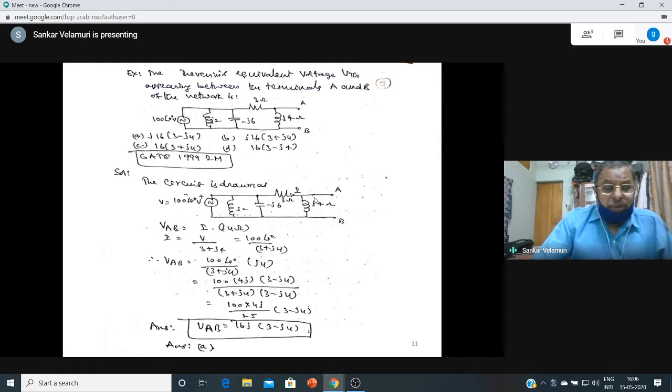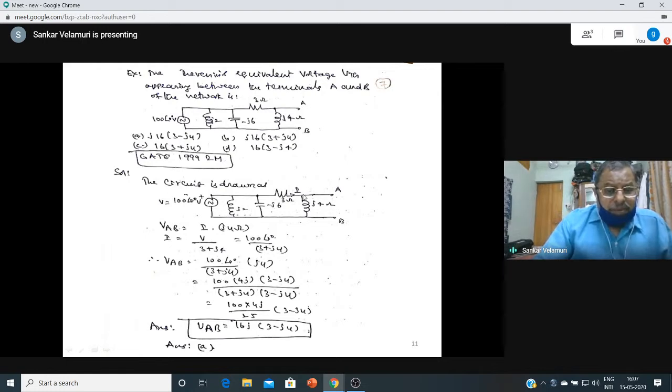This will become the open circuit voltage, so no current can flow through this particular one. The corresponding source voltage is supplied to the parallel impedances, that is the reactance here and the capacitance here.